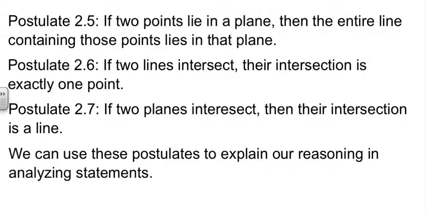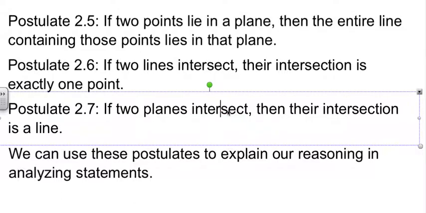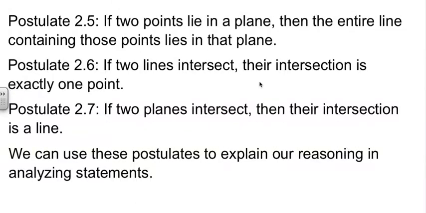They only cross once. Again, we're talking straight lines, we're not talking curves. And if 2 planes intersect, then their intersection is a line. We already knew that. Again, picture the ceiling and the wall. Where they intersect, you have a straight line across there.